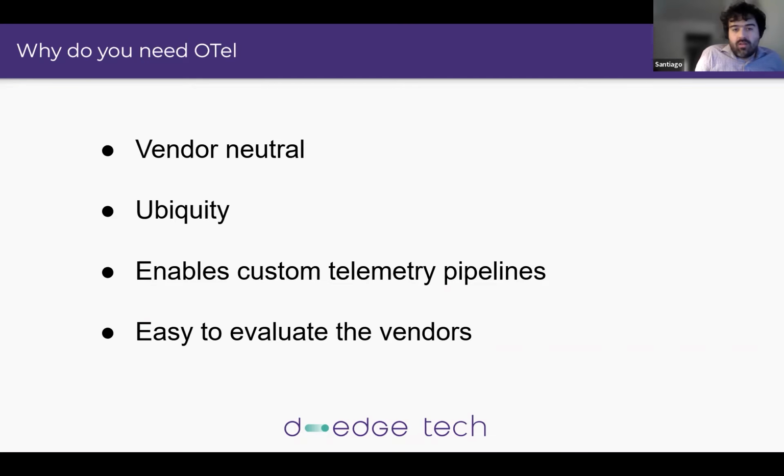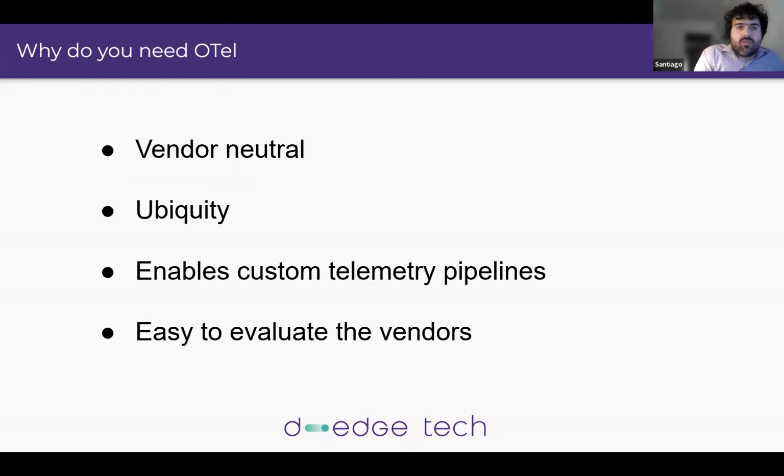And because there is so much activity, you may have libraries that help you with that. And because of the collector, you may also test some vendors at the same time, and maybe choose the vendor that fits you.